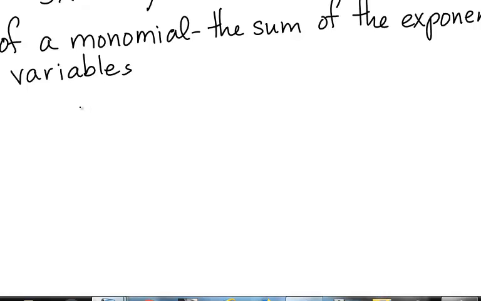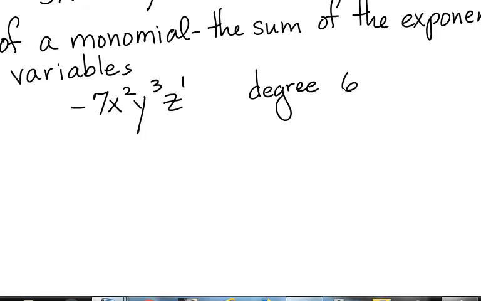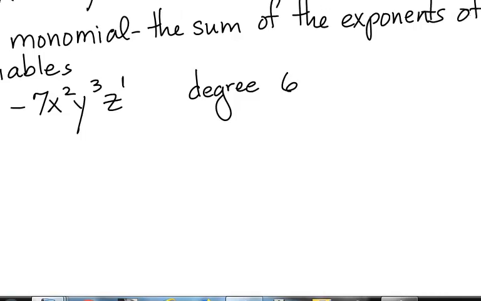So if I gave you the example negative 7x squared y cubed z, and that's a monomial, and I said what's the degree of that monomial, you add the exponents. And if it's z, it's understood to be z to the first. Okay, so add the exponents, so the degree of this would be 6. On monomials, you add the exponents.